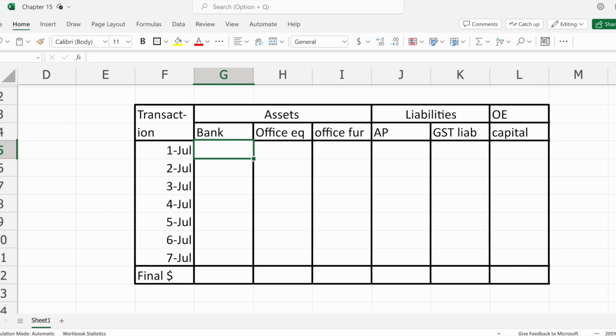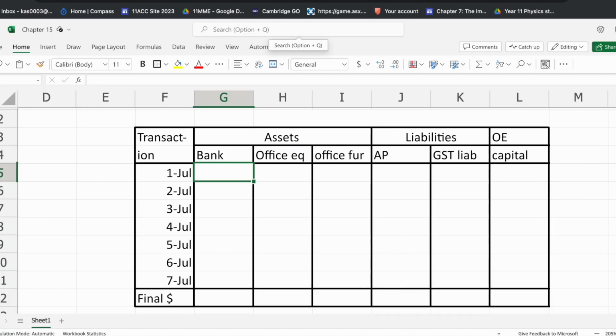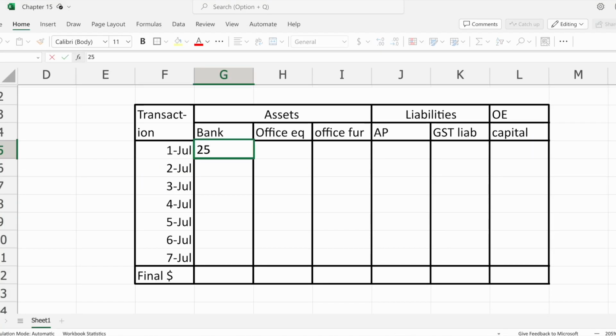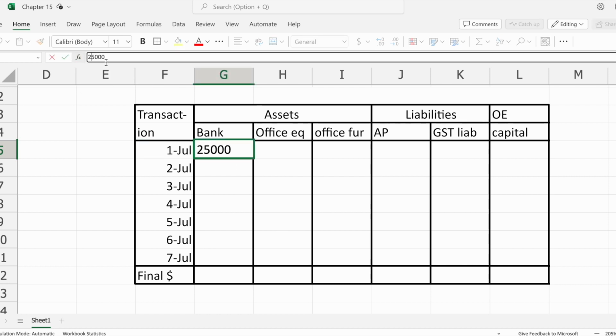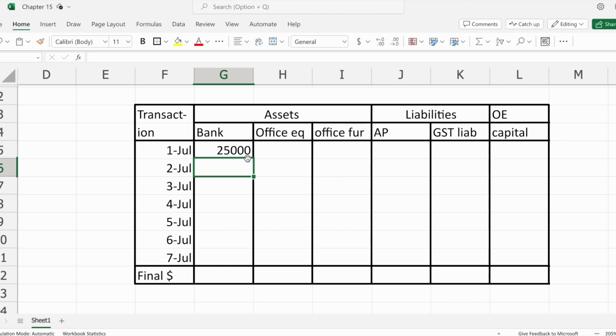So the first transaction is an example of the bank being affected by 25,000, or you could just say positive 25,000, but that simplifies on Excel to just 25,000.